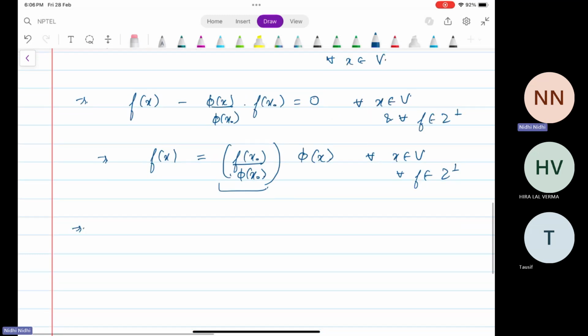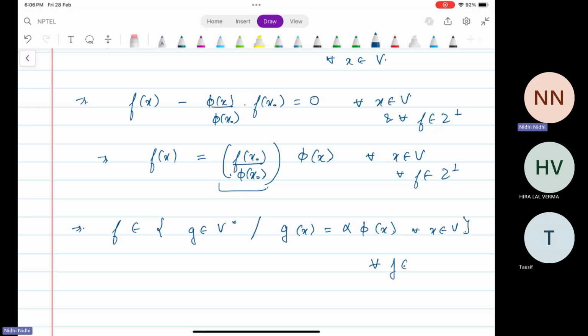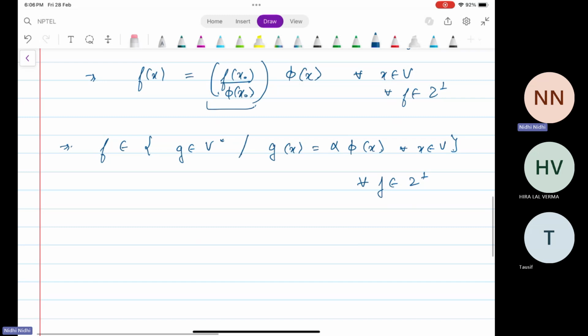This implies f belongs to the set of all those functionals on V which are just some scalar multiplication of phi. That means we get Z perpendicular is a subset of the set of all those functionals which are scalar multiples of phi.